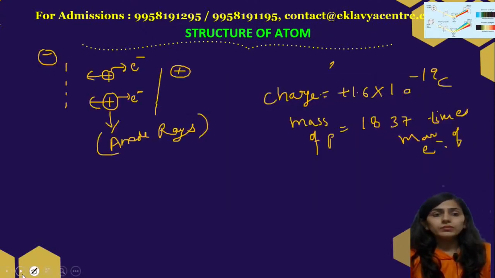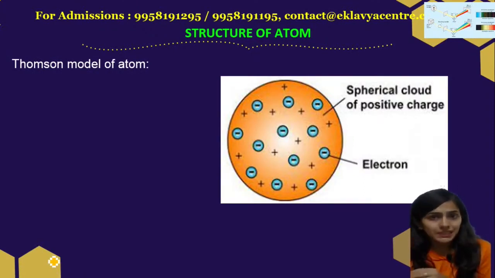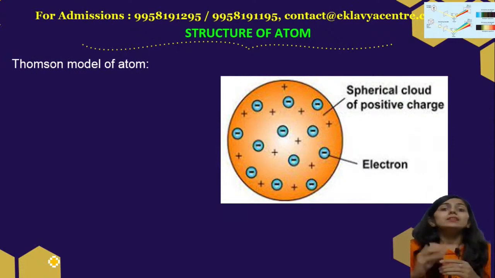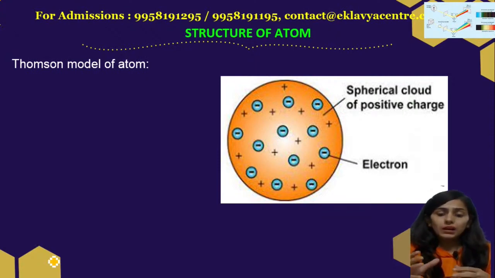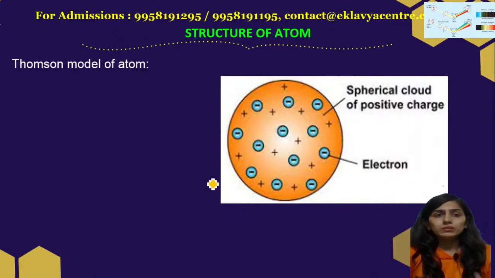Next we have models of atom, right? After observing this cathode ray experiment, some different scientists came into the picture, and they started discovering electrons and gave their own models. So the first model that we'll discuss today is the Thomson model, that is J.J. Thomson's model of atom.